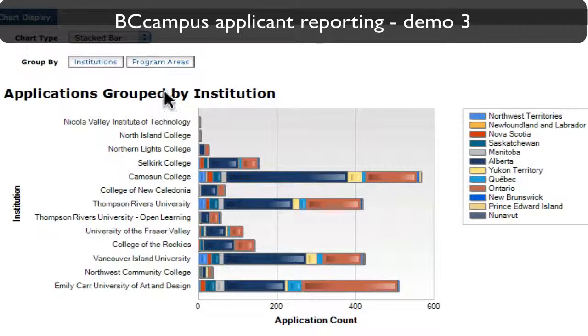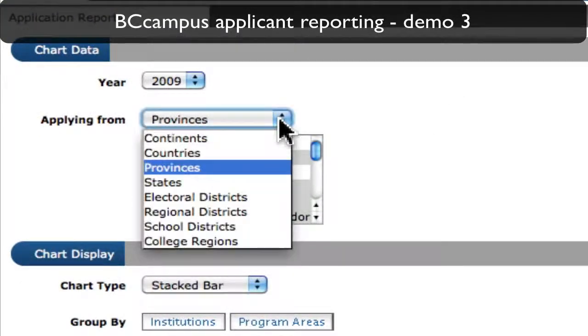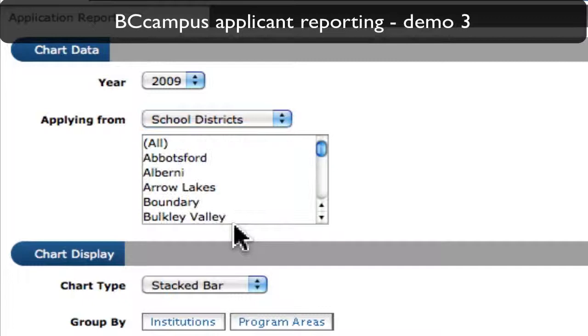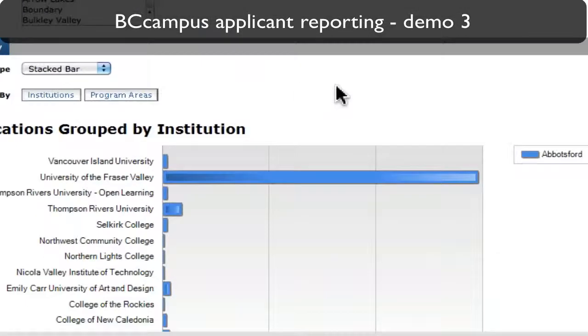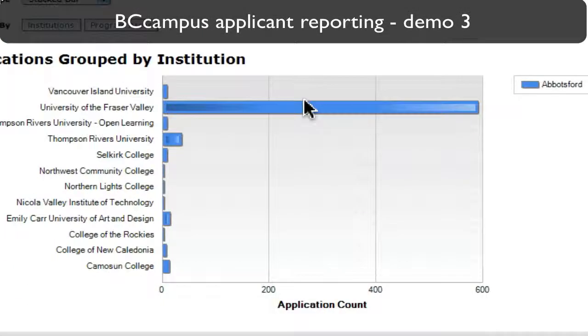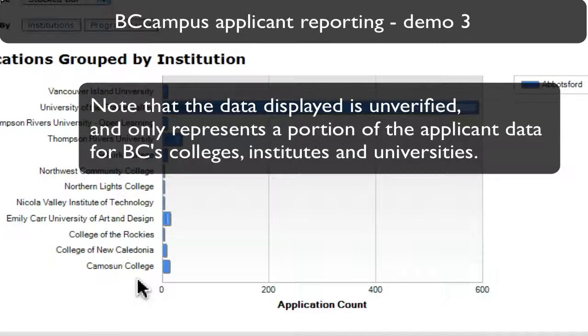One of the other things we could do is a search by school district, and we could pick one particular school district and do a search. Again, these are the participating institutions, and I need to point out that at this time the data is unverified and only represents a portion of the total number of applications to BC's post-secondary institutions.